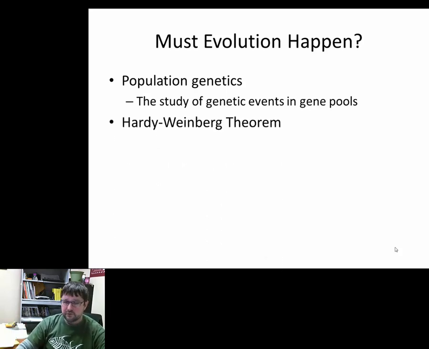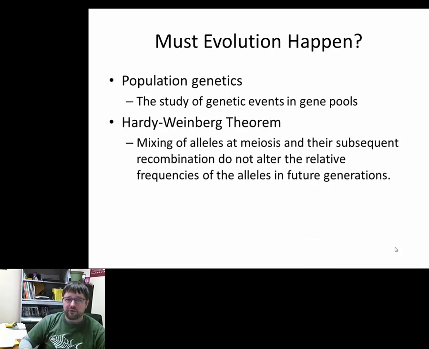So that really brings us to the Hardy-Weinberg theorem. Hardy and Weinberg were interested in whether or not populations have to evolve, and are they evolved? They noticed that just the mixing of alleles, those things I talked about before, crossing over, independent assortment, chromosome rearrangement, and mutations, is not really enough to drive a population's allele frequency in one direction or the other.